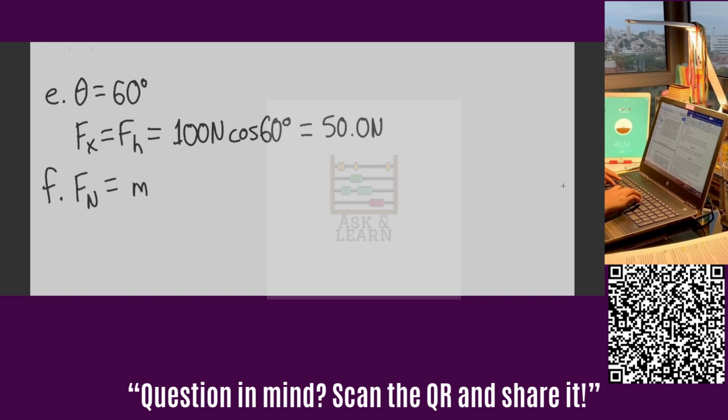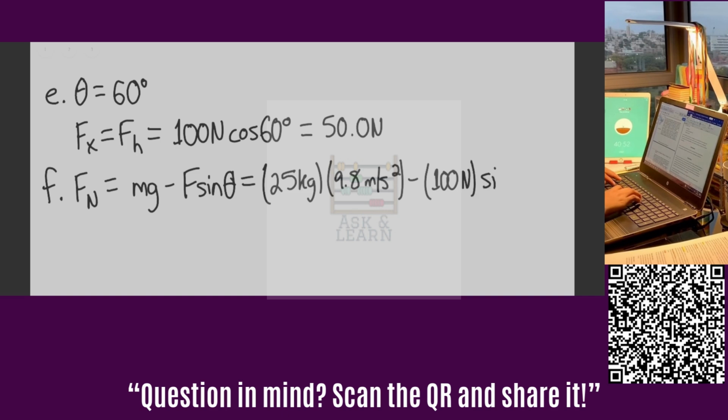Again, we're using the exact same relationship. So 25 kilograms multiplied by 9.8 meters per second squared, minus 100 newtons times sine of 60 degrees. So here, our force normal equals 158 newtons.